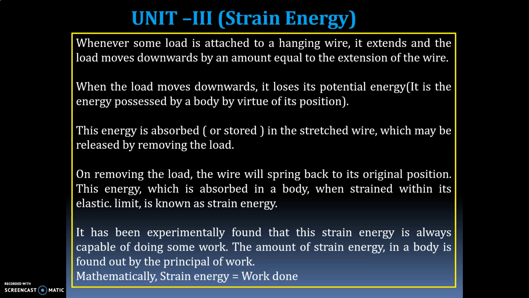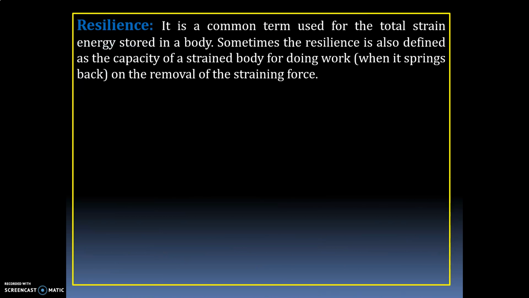Mainly this is the energy absorbed in the stretched wire, which may be released by removing the load, or you can define that on removing the load, the wire will spring back to its original position. This energy absorbed in the body when strained within the elastic limit is known as strain energy. So strain energy is nothing but equal to the work done.